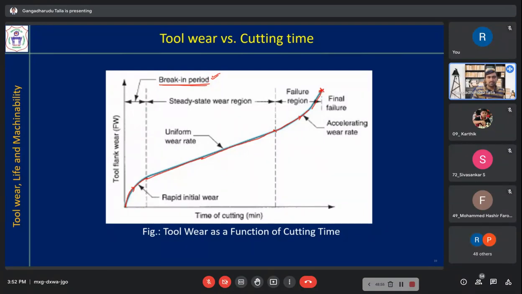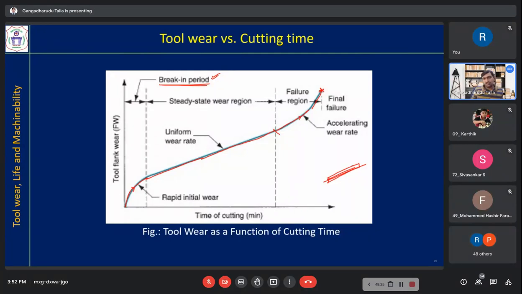Once that breakage is there and you have used it for a small amount of time, now it will stabilize. For a long time you can write using that pencil without much difficulty. Now once it has become too blunt or too much material is removed, then you will be getting very thick lines, and the pencil is wearing out very fast. Understand? It will become very blunt within no time.